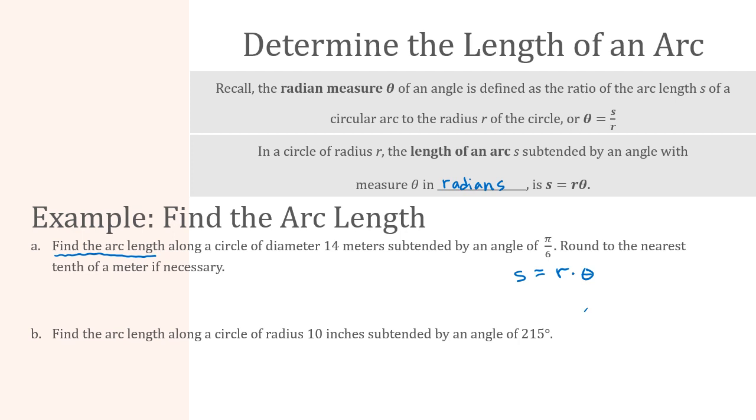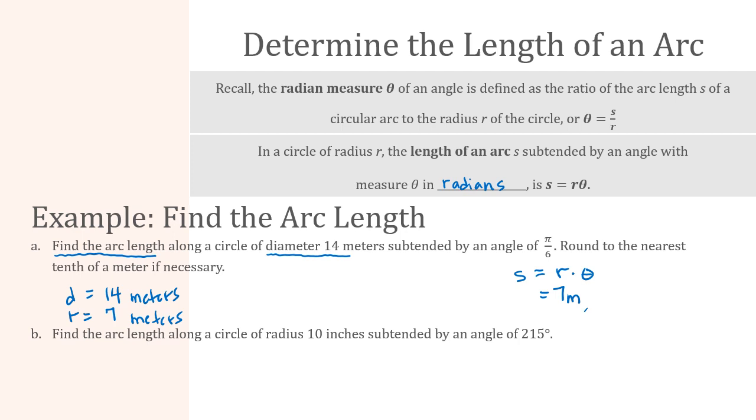Do we know r? Well, r is the radius. We are given the diameter. So if the diameter is 14 meters, the radius is half of that, so the radius is 7 meters. In my formula for radius, I'm going to put 7 meters.